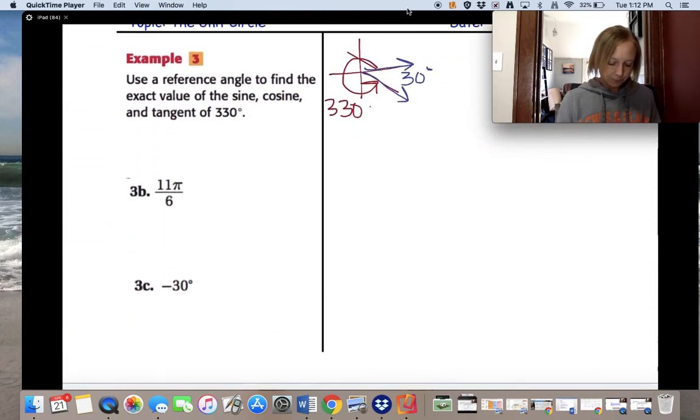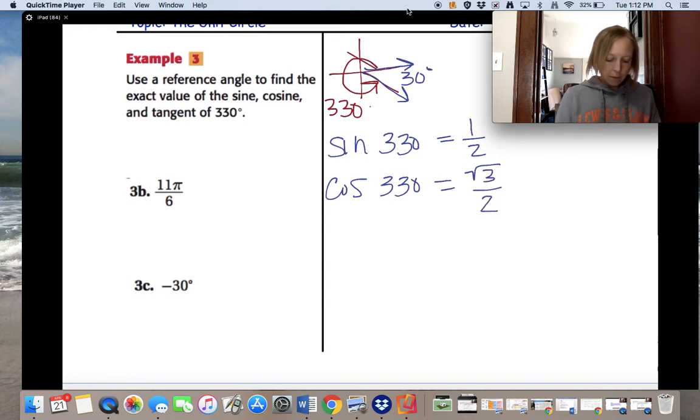So sine is 1/2. Cosine, square root of 3 over 2. But remember, what we're trying to focus on right now is we're using this knowledge of the 30 degree in the first quadrant, but we're applying it to the fourth quadrant.